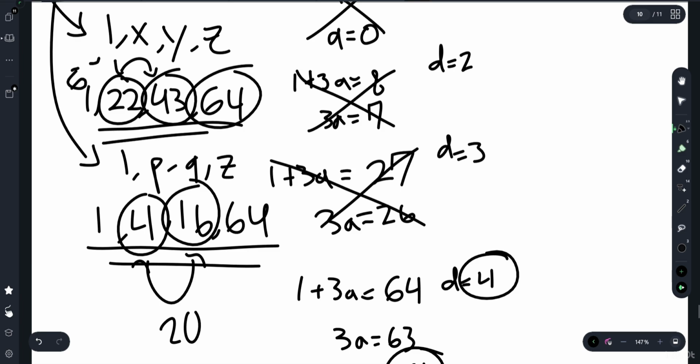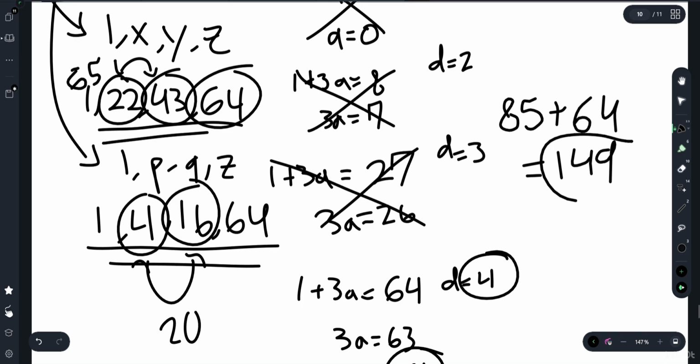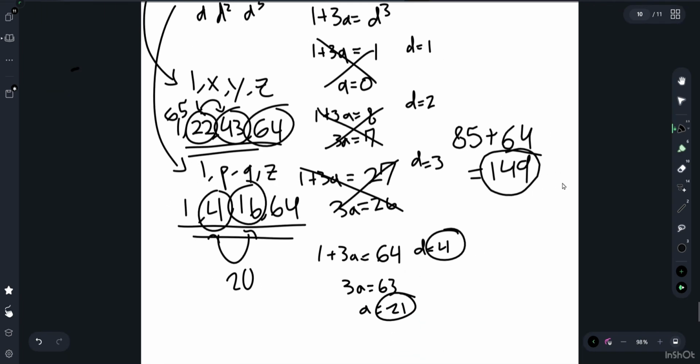And then let's take 65 plus 20. That's 85. Now we take 85 plus 64, and that is 149. So our answer is 149.